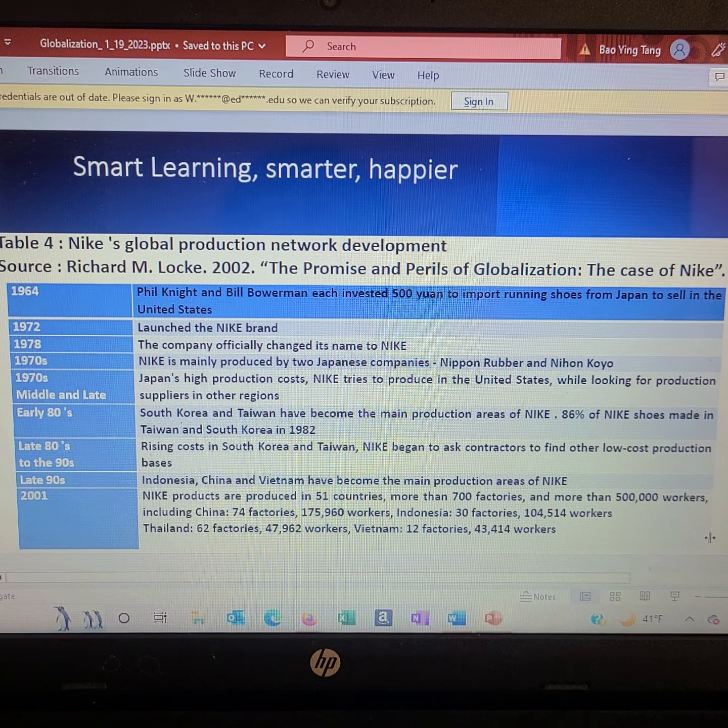In Thailand, it has 62 factories and 47,962 workers. In Vietnam, it has 12 factories and 43,414 workers.